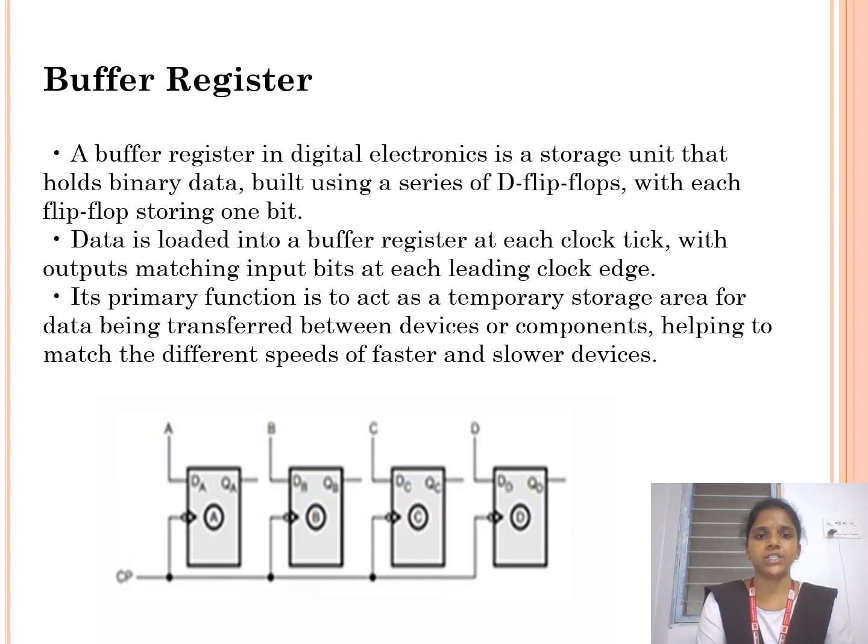Its primary function is to act as a temporary storage area for data being transferred between devices or components, helping to match the different speeds of faster and slower devices. This is the representation of a buffer register using D flip-flops, and the clock pulse is commonly given to every flip-flop.